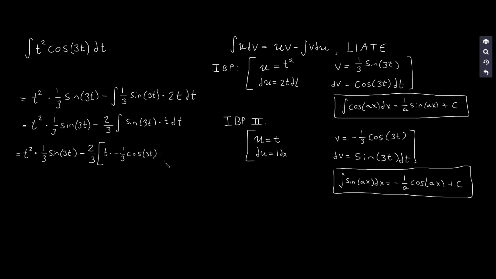And we're going to come through with the integral of, let's see, it's going to be negative 1/3 times cosine of 3t times dx.